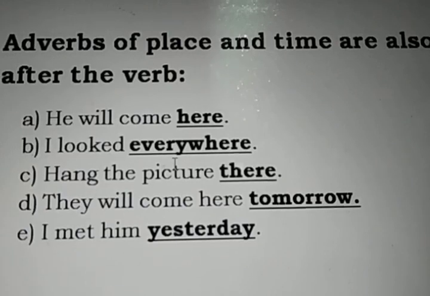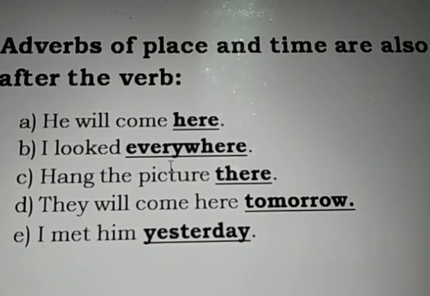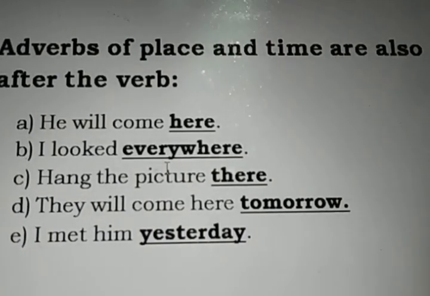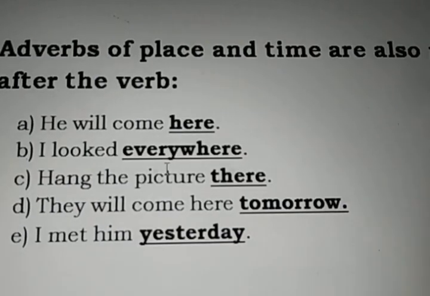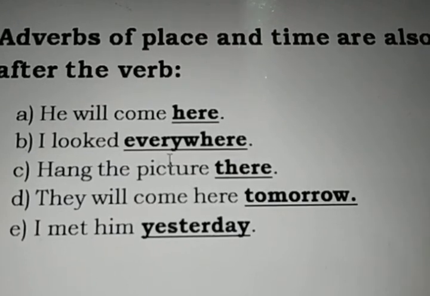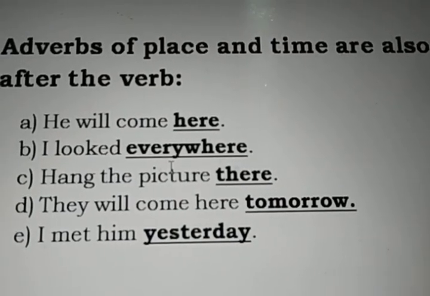Same thing, hang the picture there. Here we have an object, that is the picture. So here we are keeping the adverb of place after the object, the picture, and there is your adverb of place. They will come here tomorrow. So here we have two adverbs.